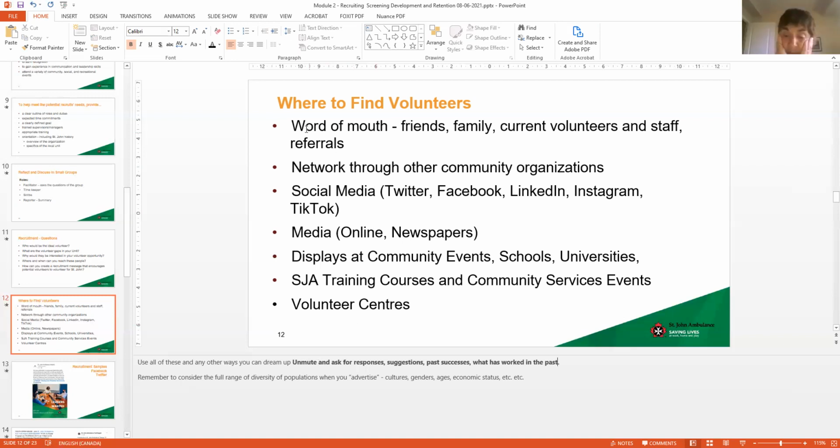Again, this can be a blank slide initially, to find volunteers. You could create a blank one right now, and then at the end of getting all the responses, you show this and say, okay, here are some of the things that we found in the past.